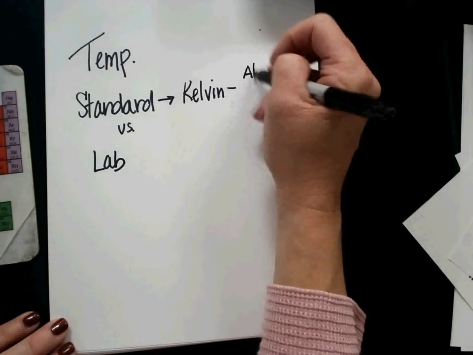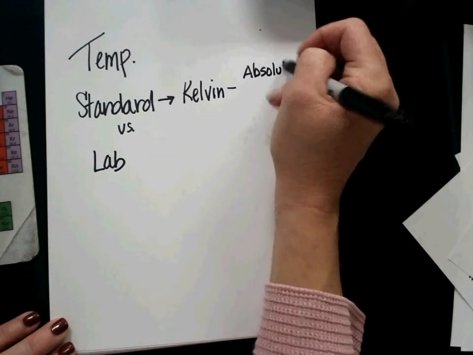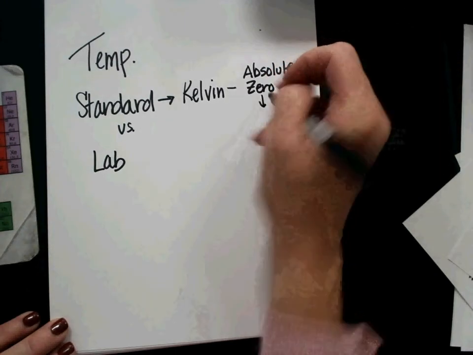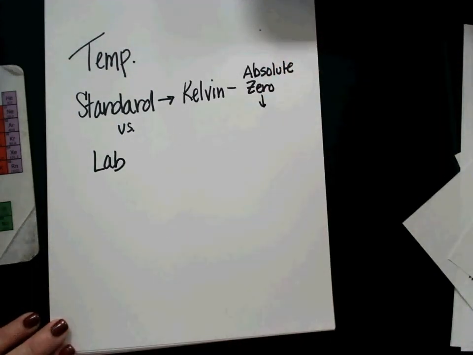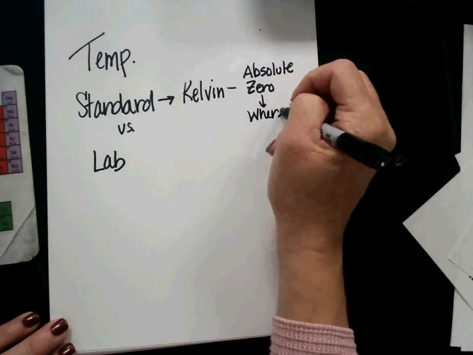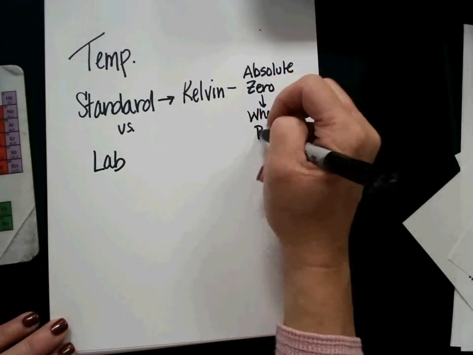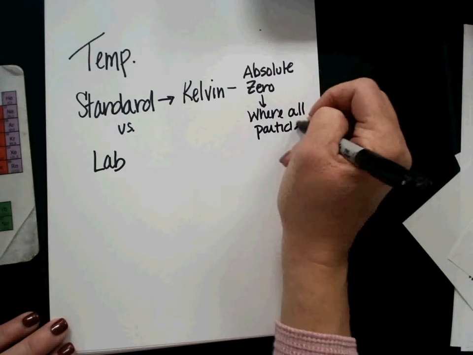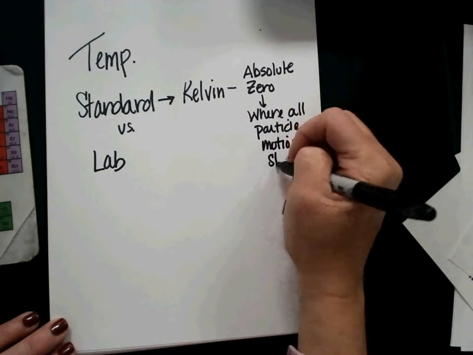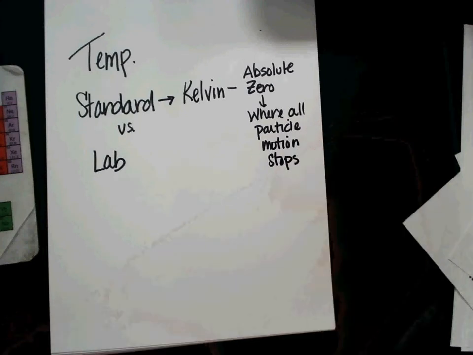This is the scale that has something called absolute zero. And that was one of your vocab words, and I think I had to write something in on every paper as I graded it, which reminds me when we get done I need to give papers back. Absolute zero is where all particle motion stops. Now, that's a theory.